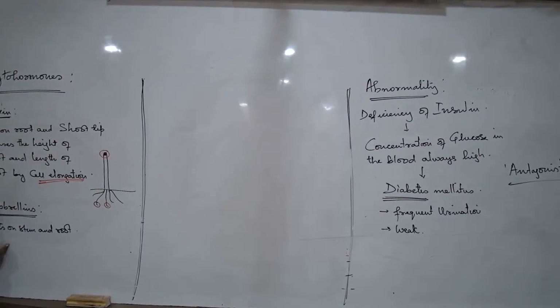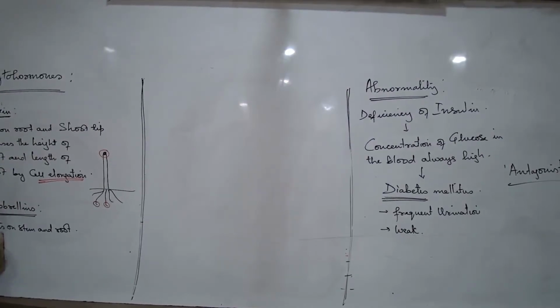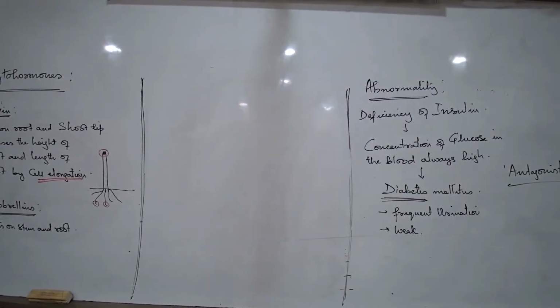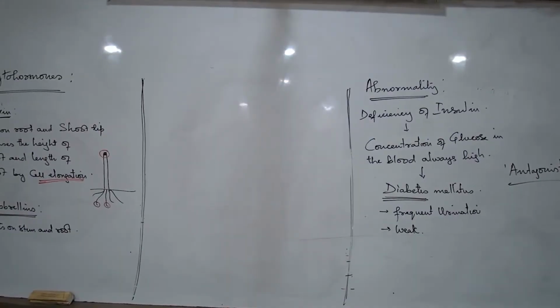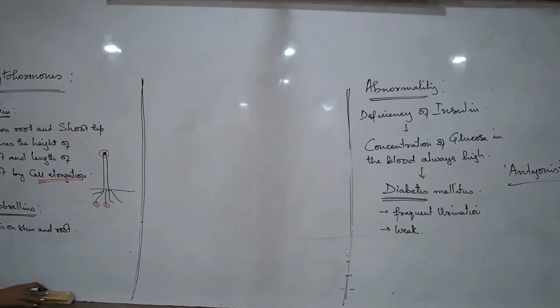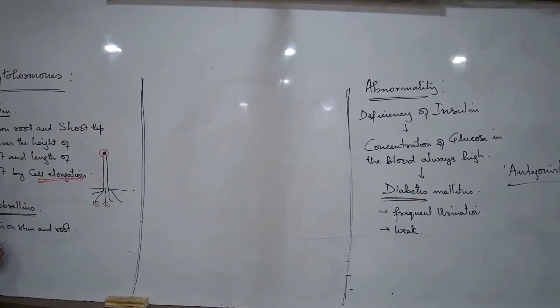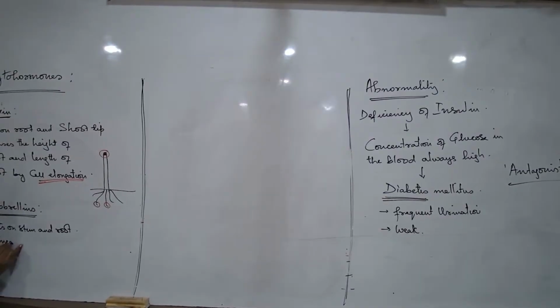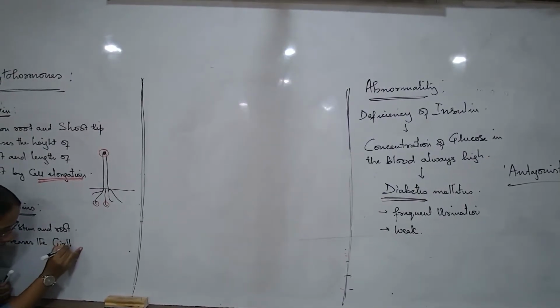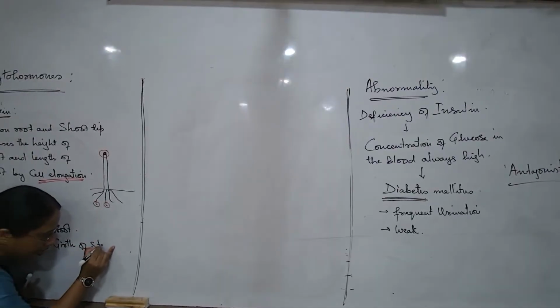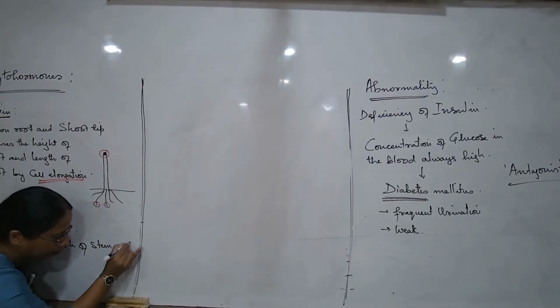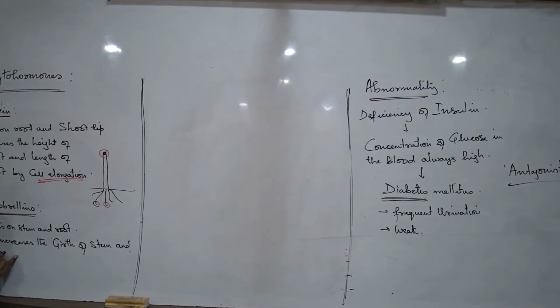Then what does it do? It increases the diameter, making the stem, branches and root broader day by day. So it acts on the stem and the root and increases the girth of the stem and branches.